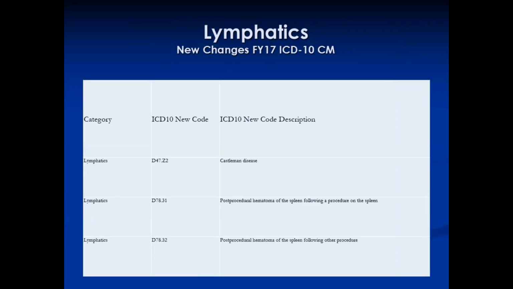Castleman disease is a lymph node and related issue. It's also known as Castleman's disease, giant lymph node hyperplasia. Castleman disease is not cancer. Instead, it's an abnormal overgrowth of cells of the lymph system that is similar in many ways to lymphoma.